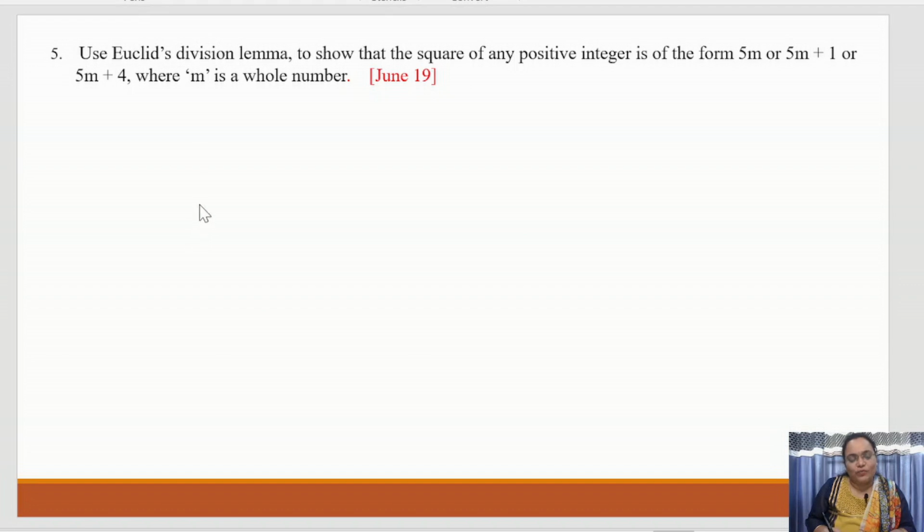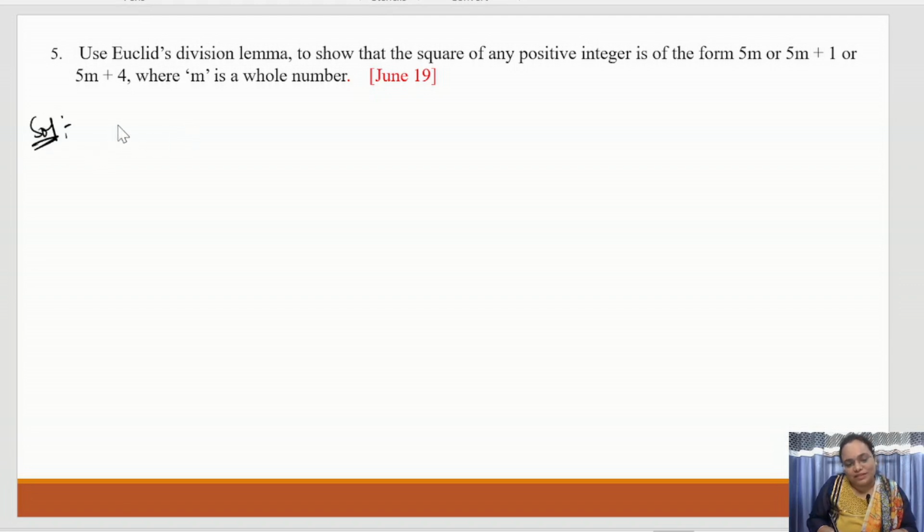So let us see the next question. Use Euclid's division lemma to show that the square of any positive integer is of the form 5m or 5m plus 1 or 5m plus 4, where m is a whole number. So let us solve this question.